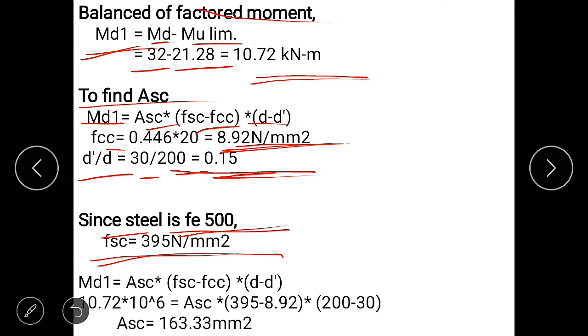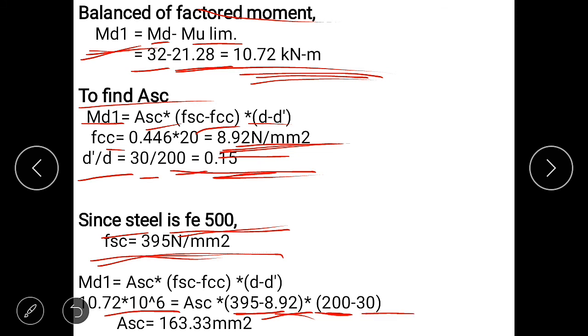So Asc we don't know, but we know Md1 is 10.72, so 10.72 into 10 to the power 6. fsc we calculated, 395. We know fcc is 8.92, into d, depth of beam is 200, and d dash cover is 30.